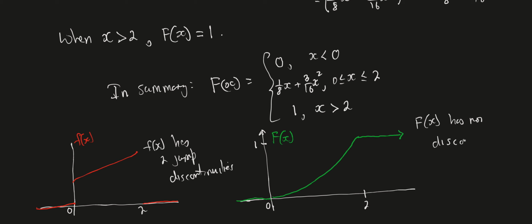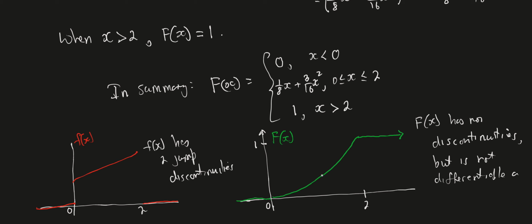However, we do notice something, again an important concept from calculus. We do have a sharp corner right here. So even though it's a continuous function, it's not differentiable at that point, right? So it has no discontinuities, but is not differentiable at that specific point.